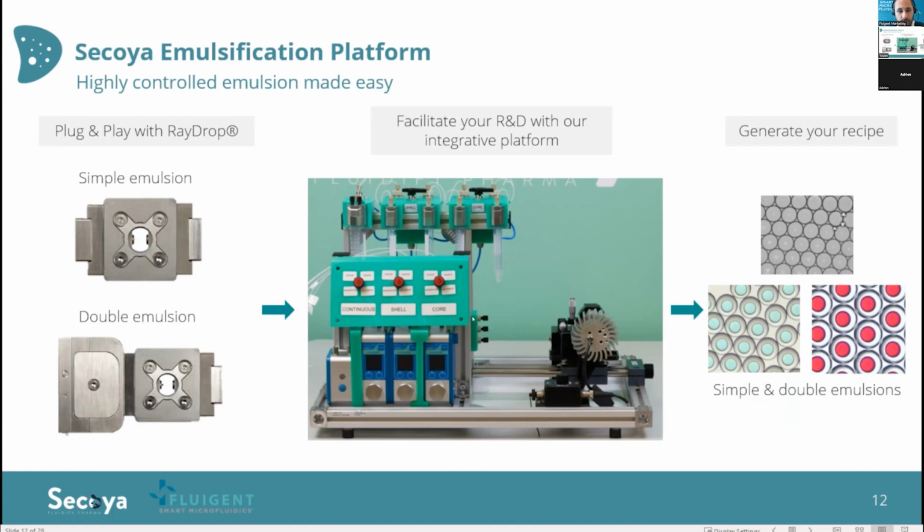This platform includes all the tubing and equipment needed to control and observe the emulsion production, and of course the single or double emulsion Raydrop that is placed just over there between the camera and the light. This platform allows non-experts to quickly master the production of droplets so that they can focus on what matters for their research instead of consuming time trying to seal a PDMS chip or fighting with wetting issues or other time-consuming stuff.